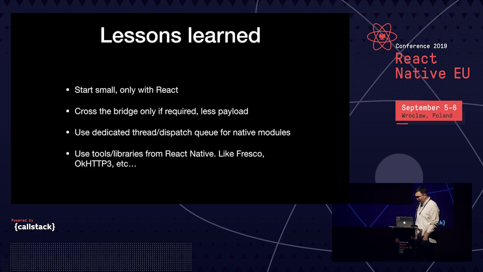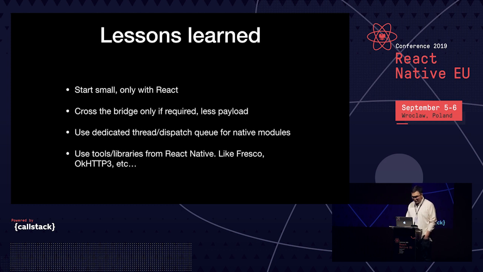And what I learned was: start small. You can start only with React and cross the bridge only if required and with less payload. Please use a dedicated thread or dispatch queue for native modules, because it usually feels better.